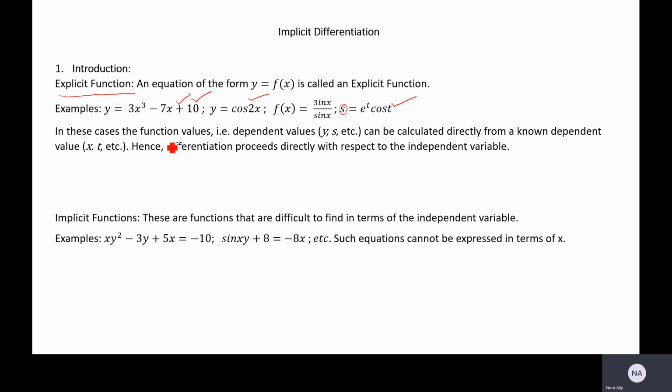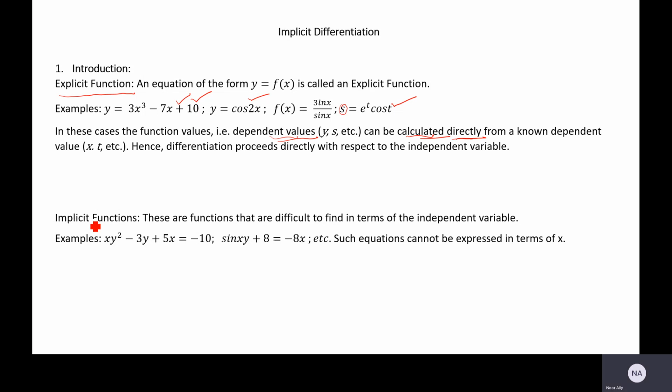So in these cases, the dependent variables can be calculated directly from the known independent values. Hence, differentiation proceeds normally. In other words, we'll use all the standard rules of differentiation: the chain rule, the product rule, the quotient rule, and so on.